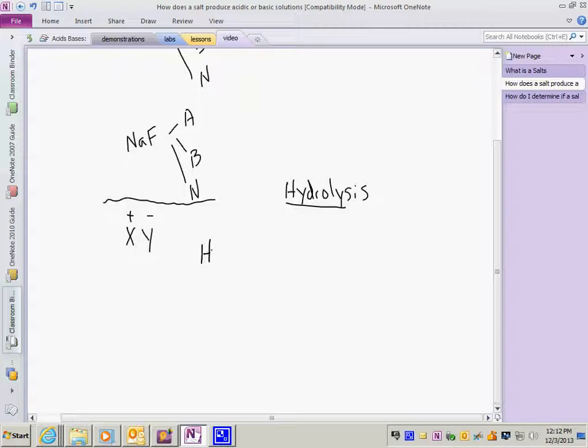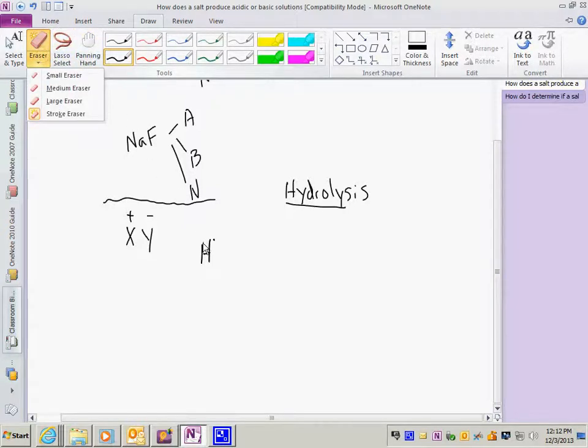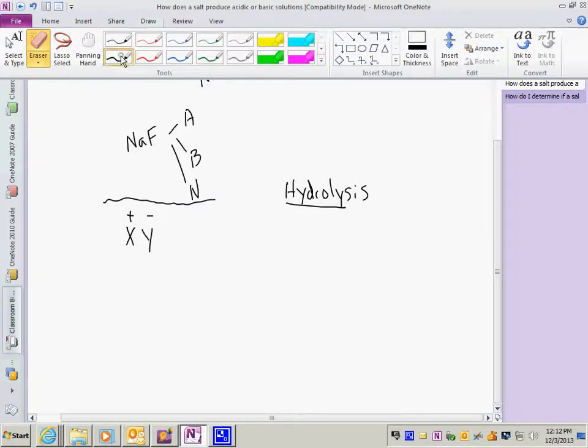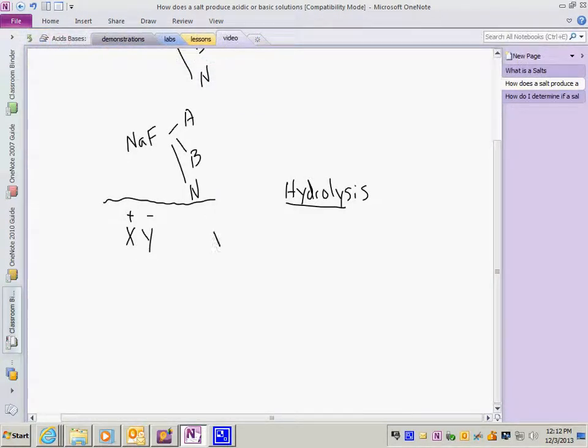Now this part is a little more in depth than maybe you have to have. Now, the cation, X positive, will react with water.